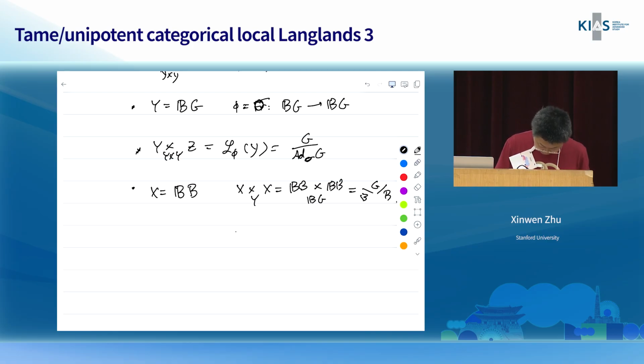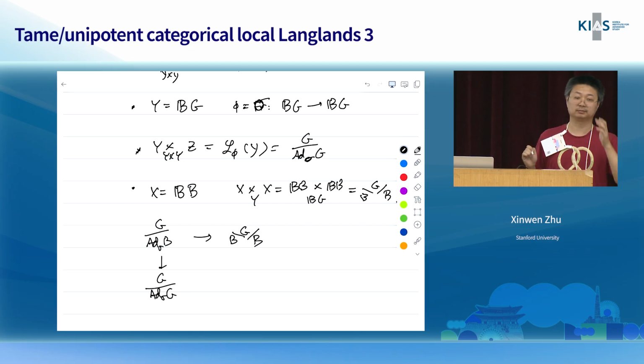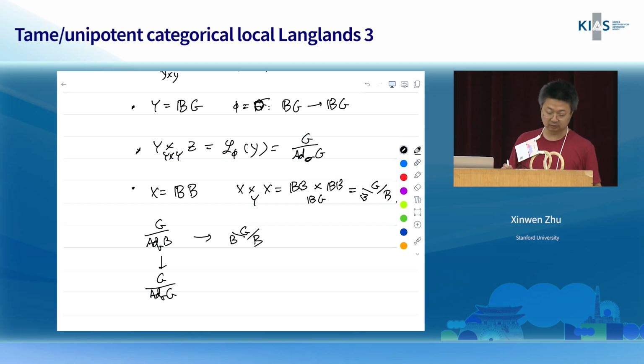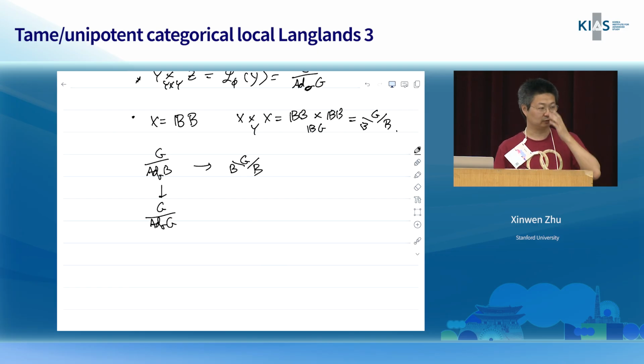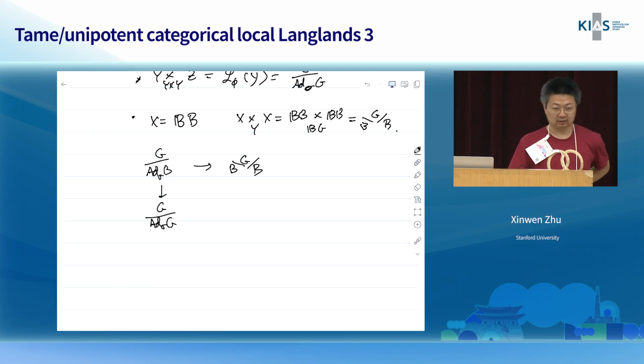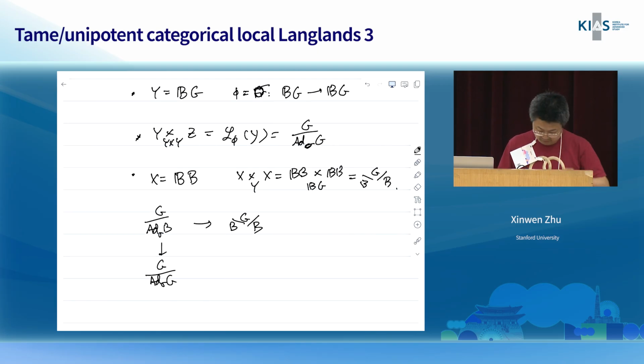This horizontal diagram becomes basically G mod B going to G mod G, Frobenius conjugation by B going to G, conjugation by G. And then you can plug in any kind of sheaf theory you like. For example, the theory of l-adic sheaves, you get the Lusztig theory.